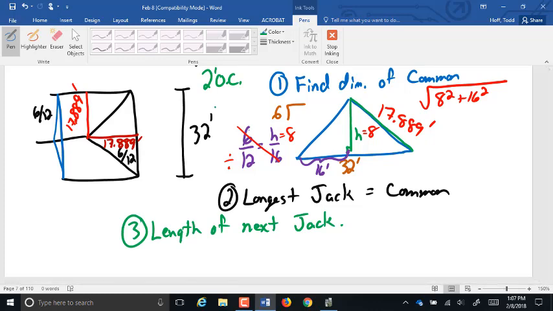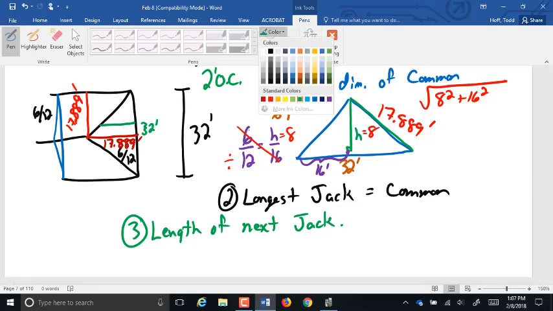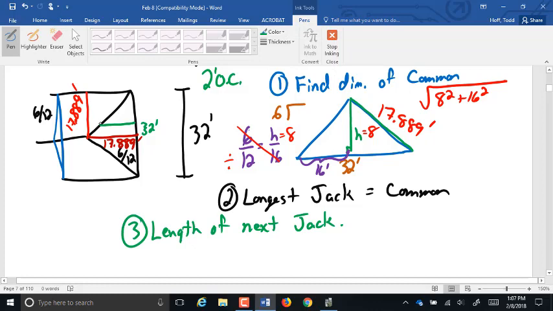Those 2 guys. So our 2-foot on center spacing means this next one here is 2 feet over. So that's going to give us a triangle here like that. What do I know about that triangle?